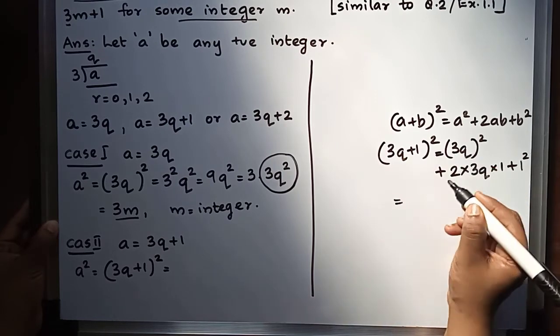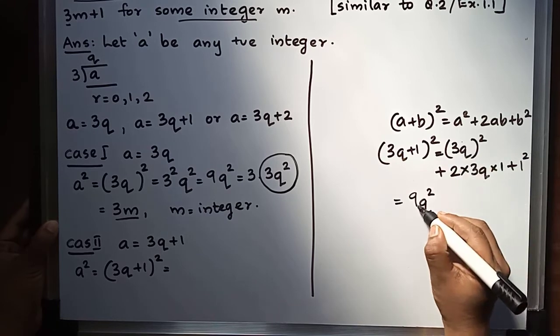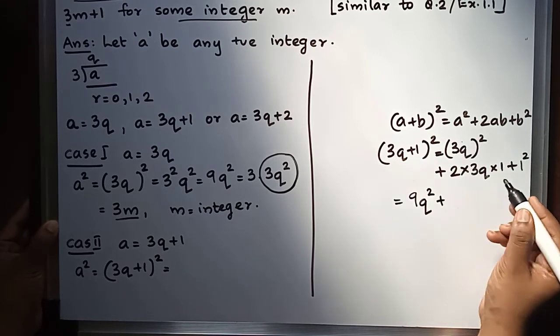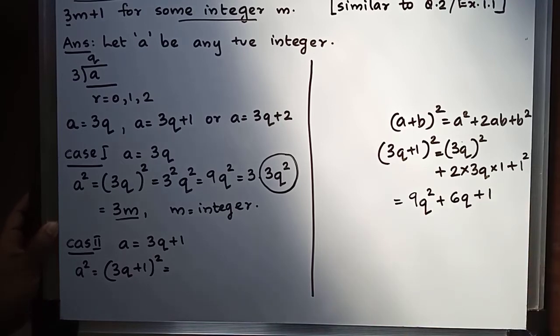That is 9q square, 3 square is 9, and q square, plus 2 into 3, 6 into 1, 6q, plus 1. Right? So I can write it like this: 9q square plus 6q plus 1.